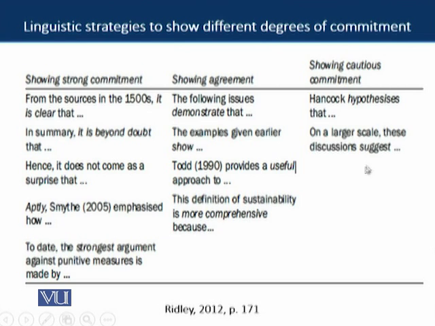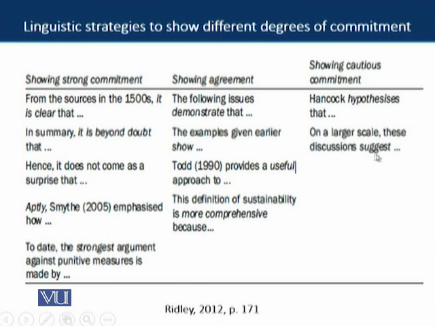And in the last column, a very cautious commitment is given, right? So the writer is very careful here in this column. Like in this first example, Hancock hypothesizes that, right? So it's a very cautious commitment. The hypothesis is on the part of the reference, Hancock. Then on a larger scale, these discussions suggest, right?